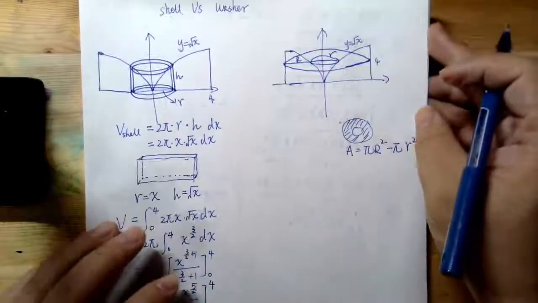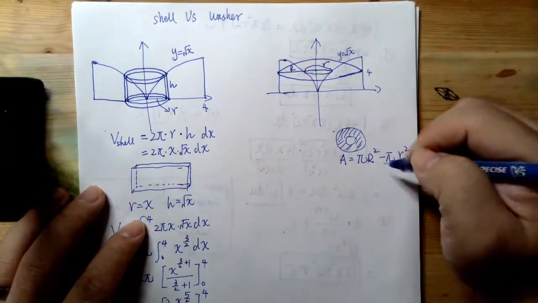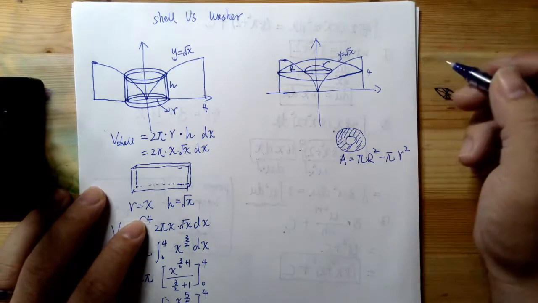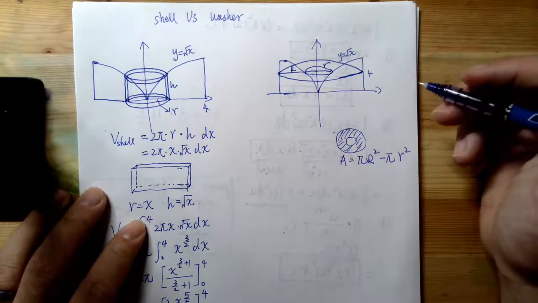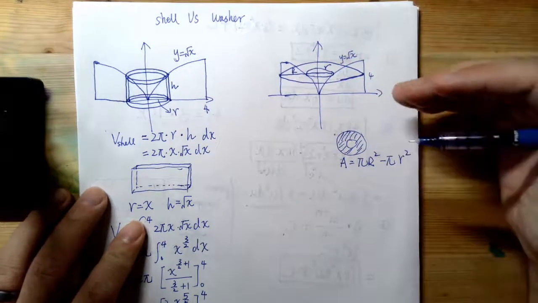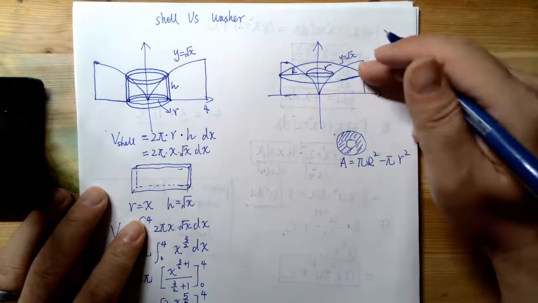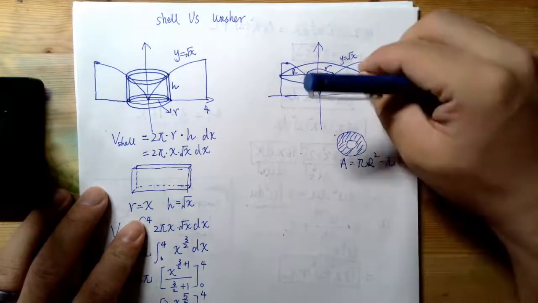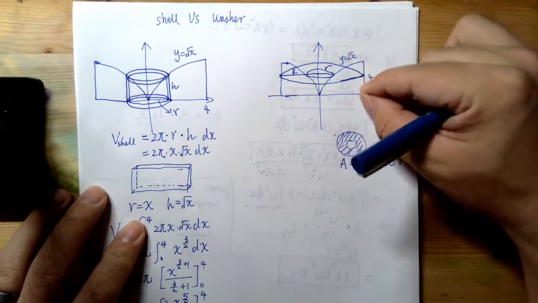Before we figure out capital R and small r, I also want to let you know that when we cut and formulate our cross section, it is perpendicular to the y-axis. In other words, if you move your cross section, you are moving up and down.